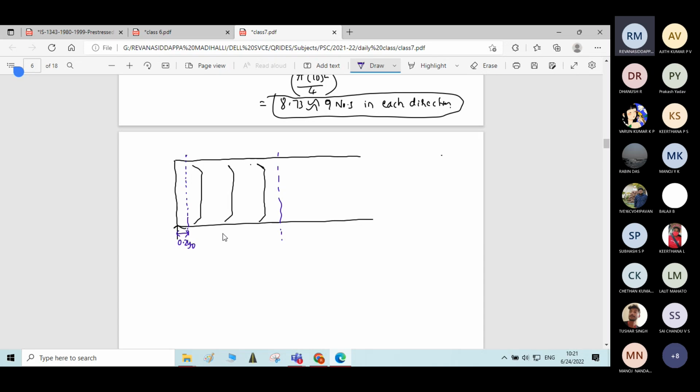This length will be y naught to 2 y naught, and the bars should be provided in both directions, horizontal and vertical.